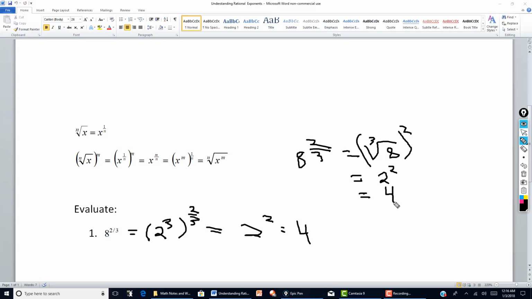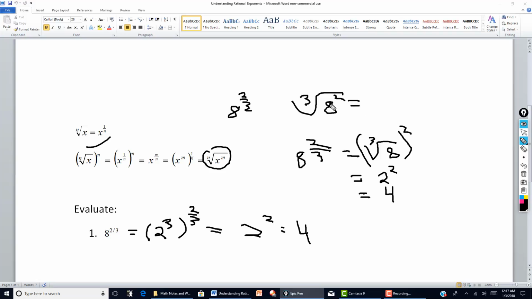Same result. Here I used the first form, using radicals. Now I'm going to use the second form. This one tells me I can write this as the cube root of 8 squared. So 8 to the 2/3 power is the same thing as this.